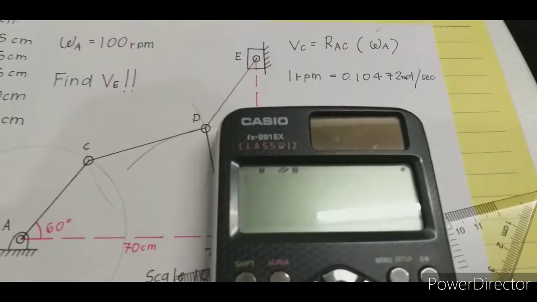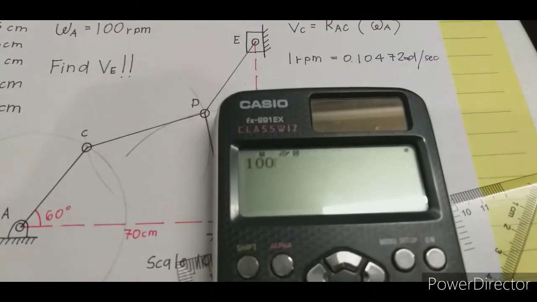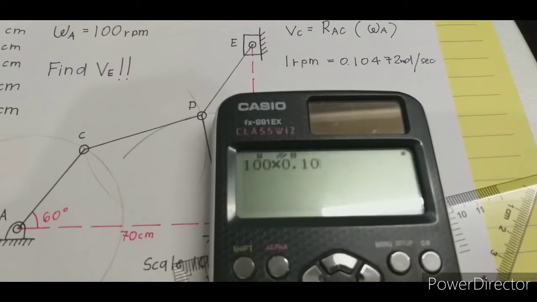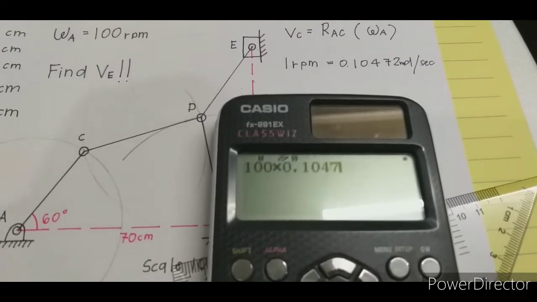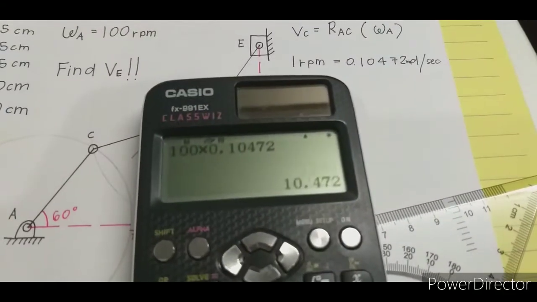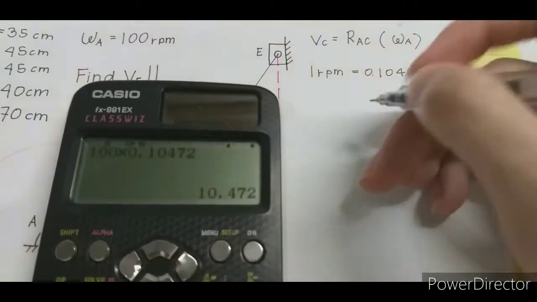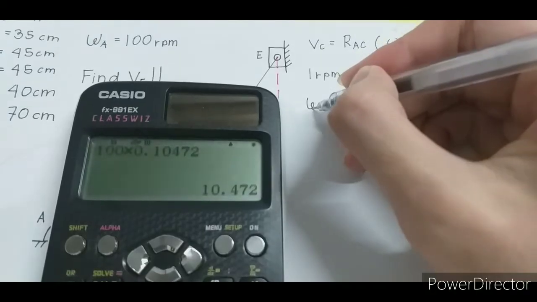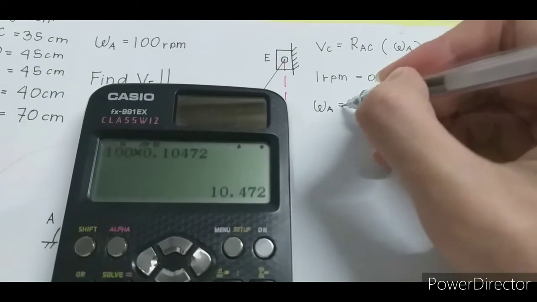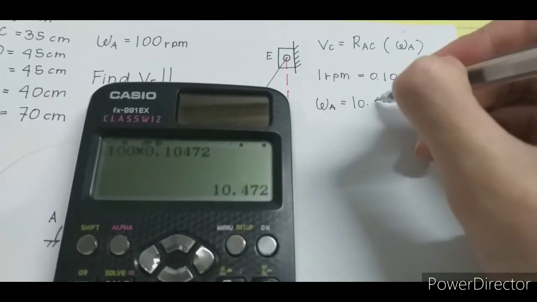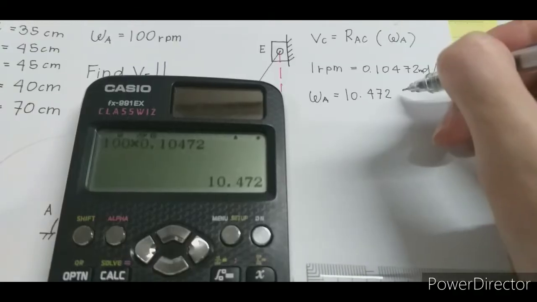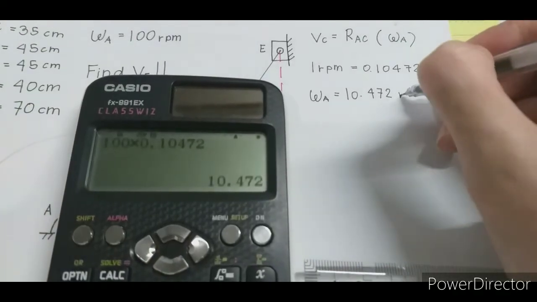So putting that into our calculator, we have 100 multiplied by 0.10472. And we will have the answer as the angular speed at A would be 10.472 radians per second.